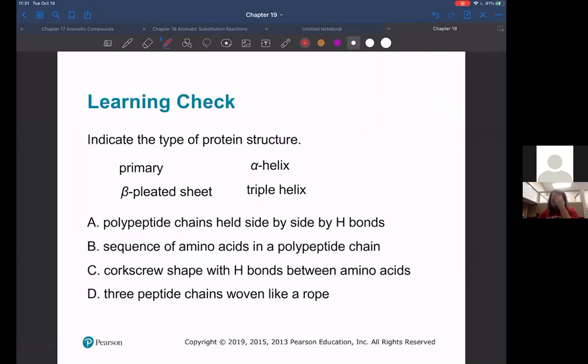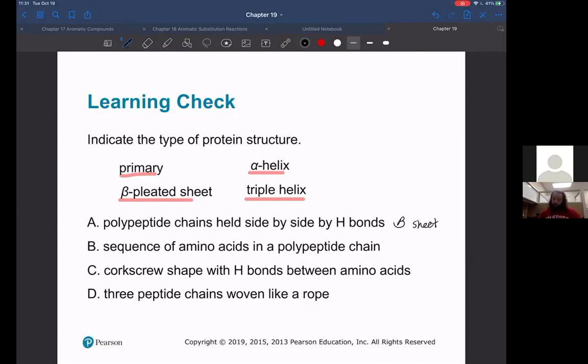All right, so let's see if we can categorize, or match, these based on what we learned. It's going to be either the primary structure, an alpha helix, a beta pleated sheet, or a triple helix. The polypeptide chains that are held side by side with H bonds being hydrogen bonds. Which one would those be? That is the characteristic of a beta sheet.